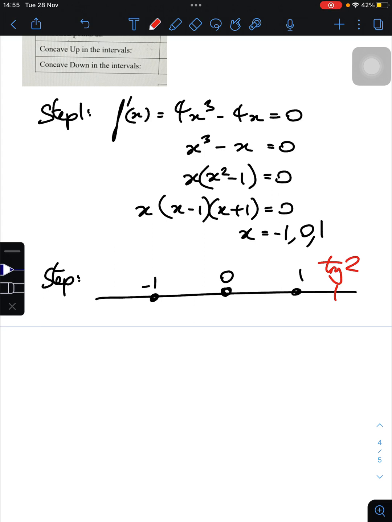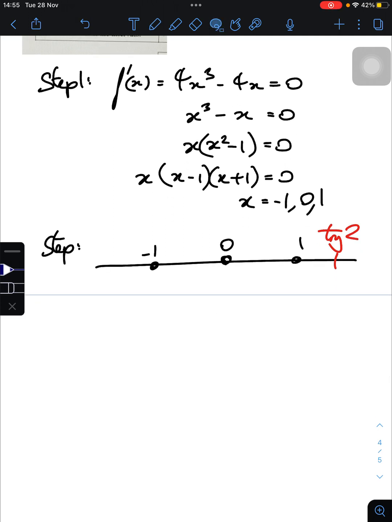So, because we know that at all these points here, our gradient equals 0. So dy by dx. Let's put these here my x values, and these here my gradients, dy by dx. And so in this case here, the gradient when x is minus 1 is 0, 0, 0.